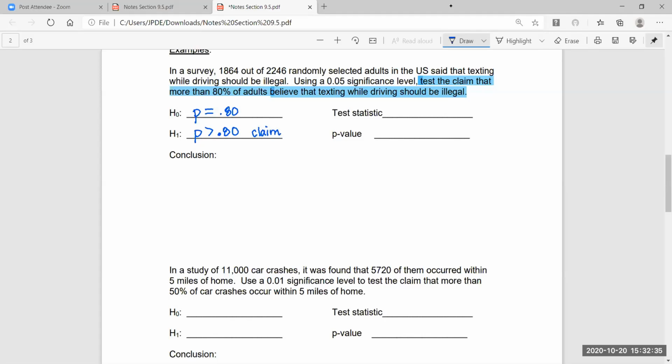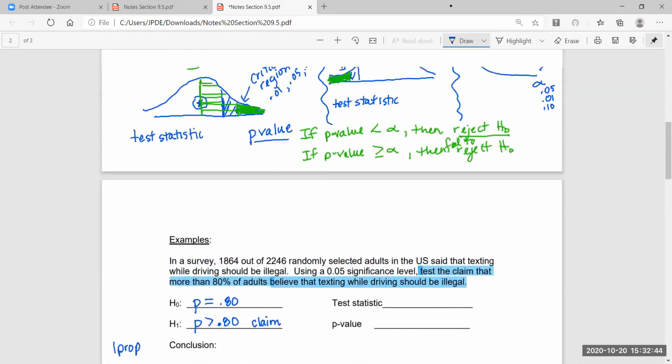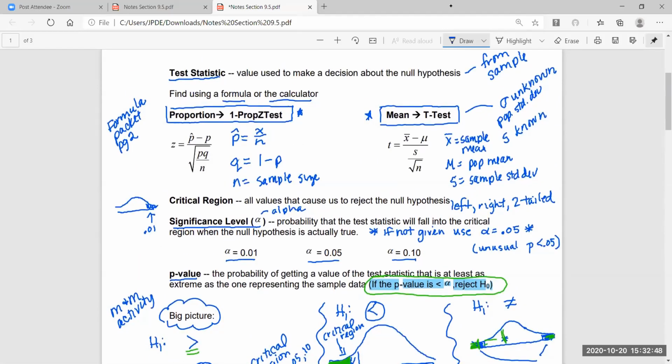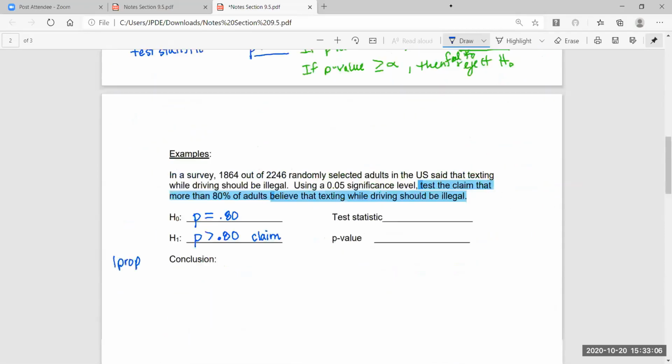Okay. So we can see here, we're talking about one proportion, one sample, and it's a proportion. So if we go back, for one proportion, we have our formula right here. And your formula, like I said, is also in your formula packet, so you don't need to memorize it. And you're probably going to use a calculator anyway. You can also see when we do the calculator, we're going to do a 1-prop-z test.